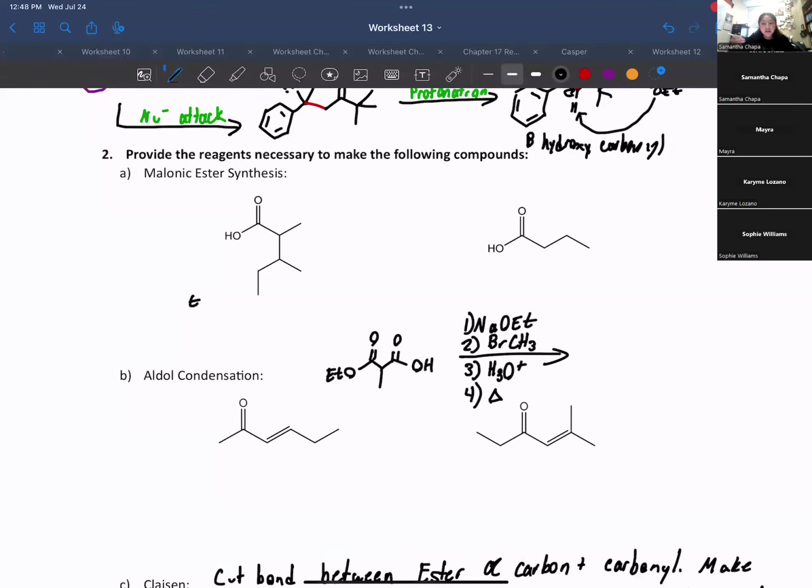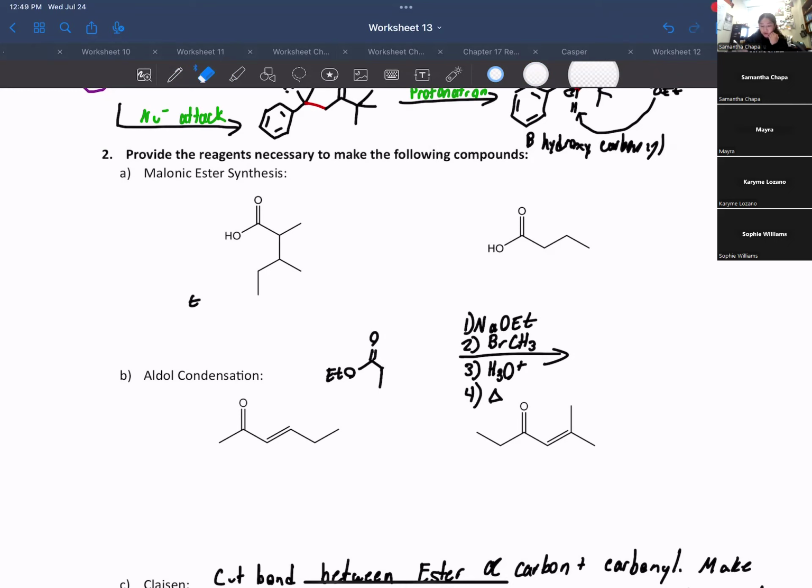And heat does your decarboxylation step. You turn that one carboxylic acid that you made previously and completely remove it, because it's decarboxylating. You're going to get rid of CO2. So then you're just left with this as your product.